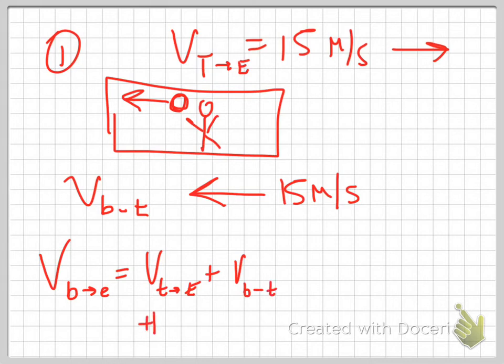That's going to be positive 15 meters per second and negative 15 meters per second. That's a 0. So you probably knew that. These straight line ones are easy. I like straight line ones.